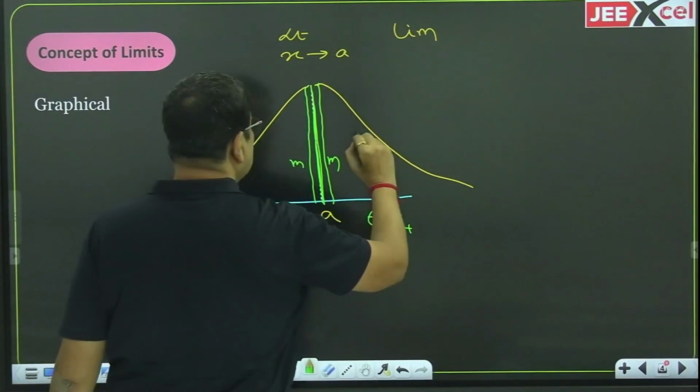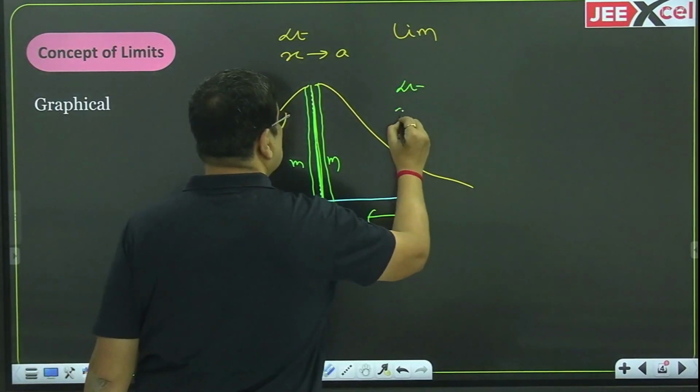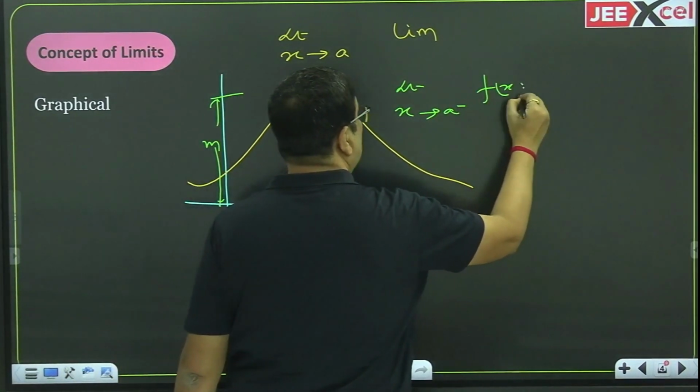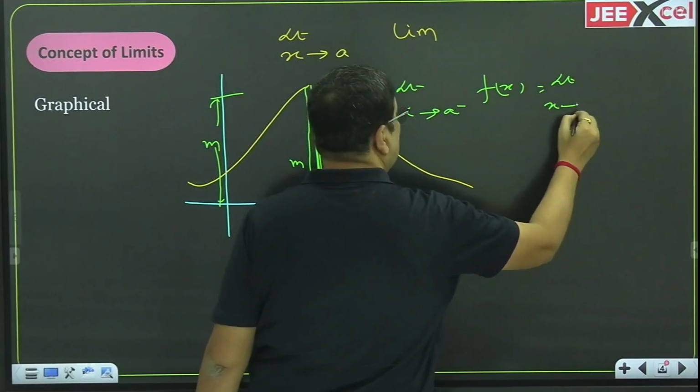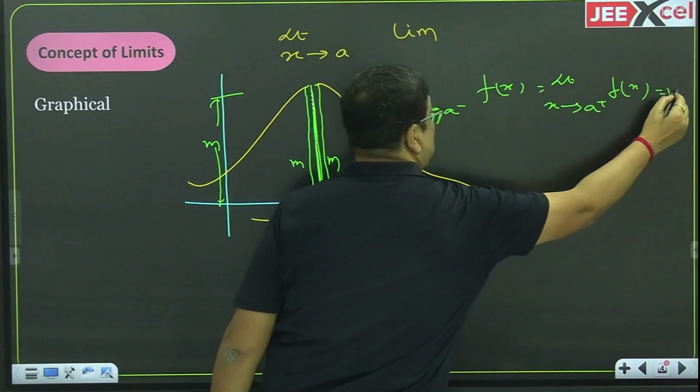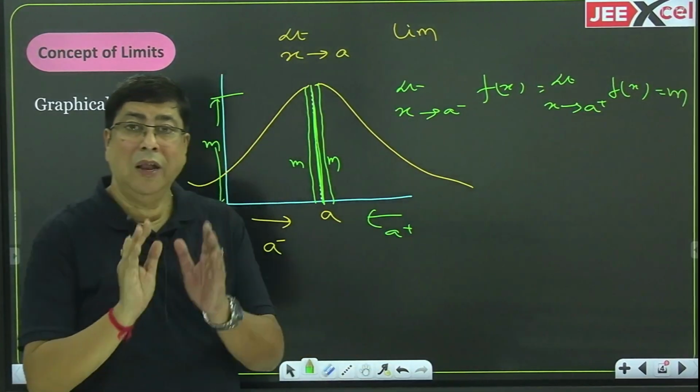Therefore in this particular case, limit x tends to a minus f(x) equals limit x tends to a plus f(x), which is equal to m. So this is the main condition of the limit.